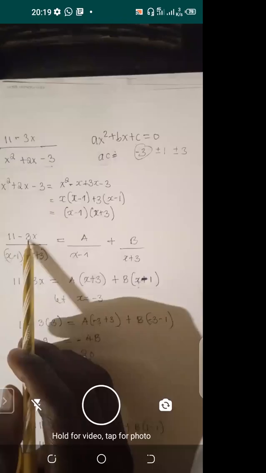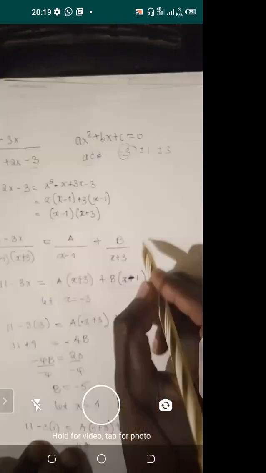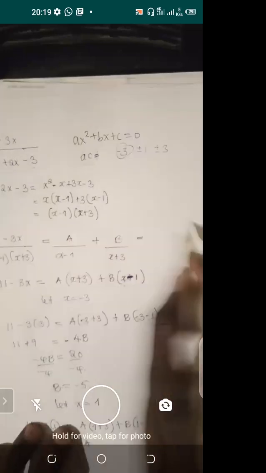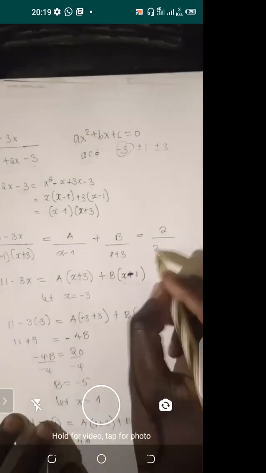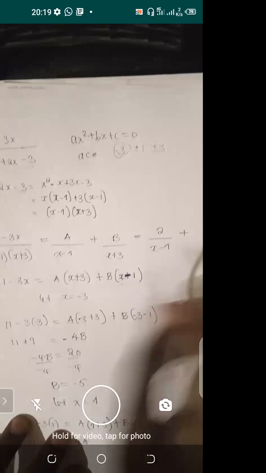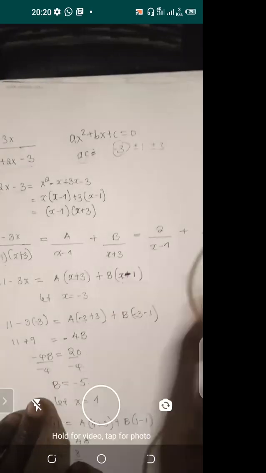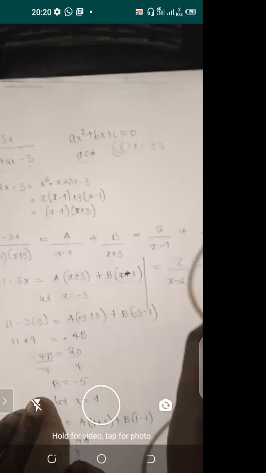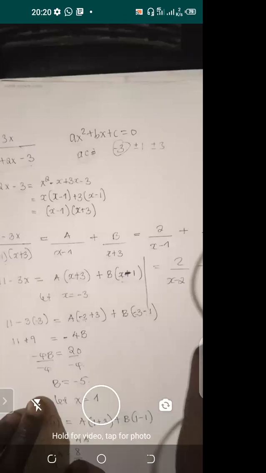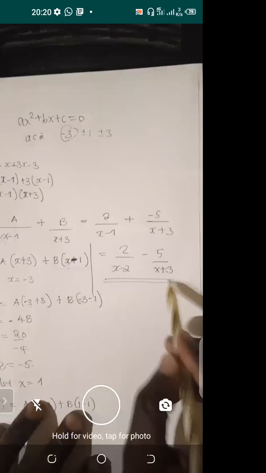So you have the first fraction as 2 over x minus 1, then plus your B, which is -5, over x plus 3. So that's how you decompose that one into partial fractions.